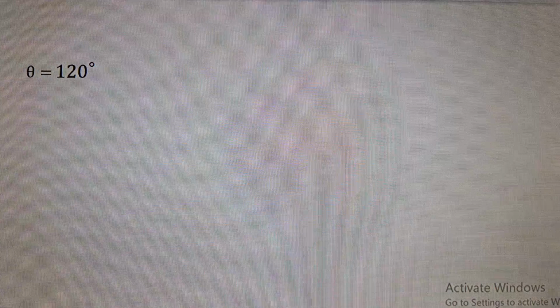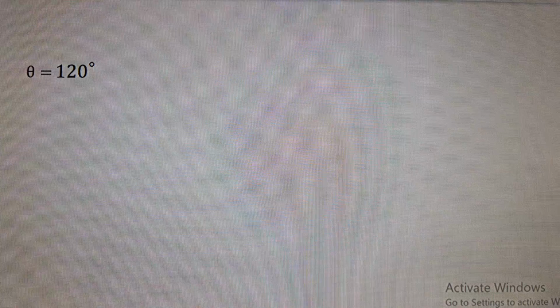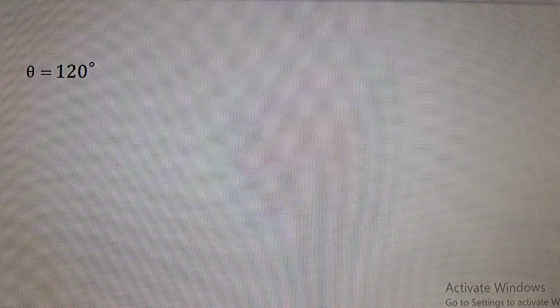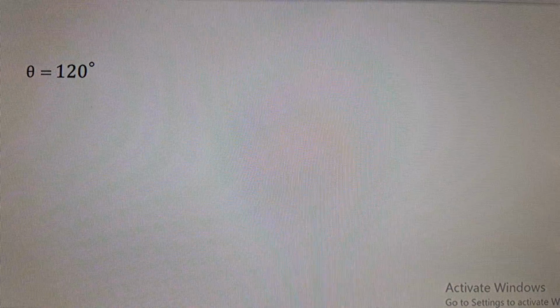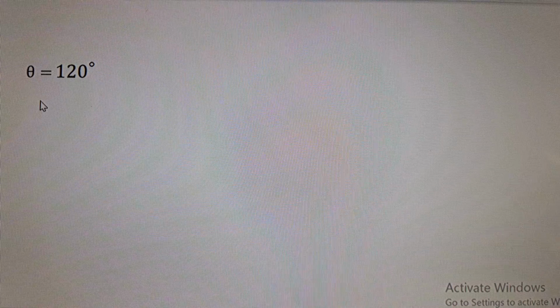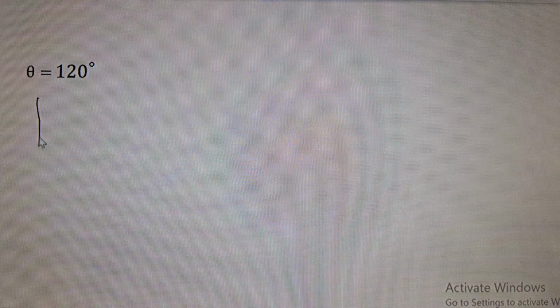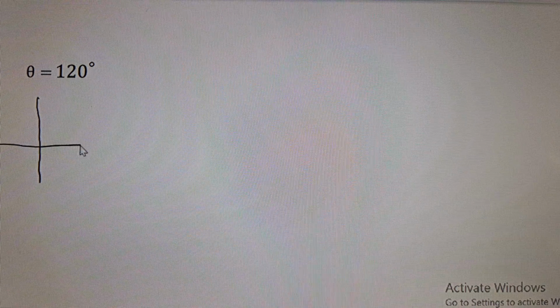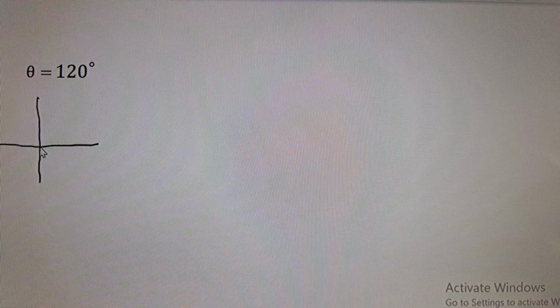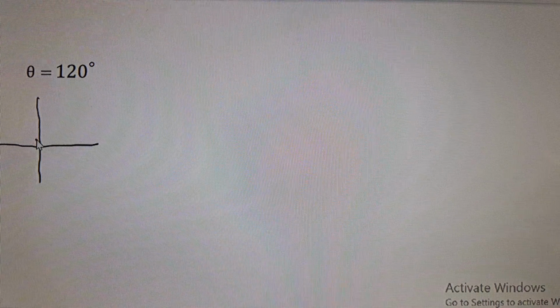Let's assume that we have 120 degrees. What is the reference angle for 120 degrees? Well, let's take a look. Let's say that we have our angle 120 degrees. Well, 120 degrees is in the second quadrant, right?